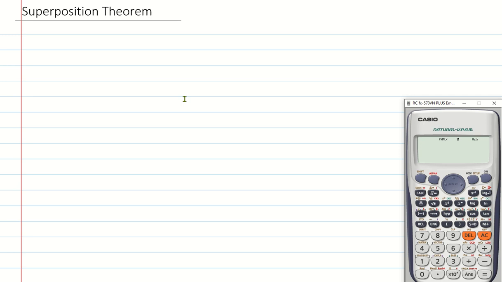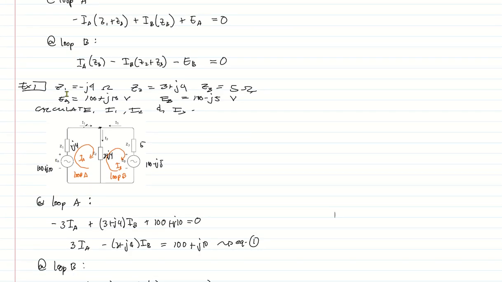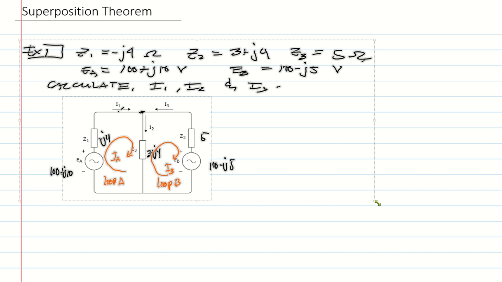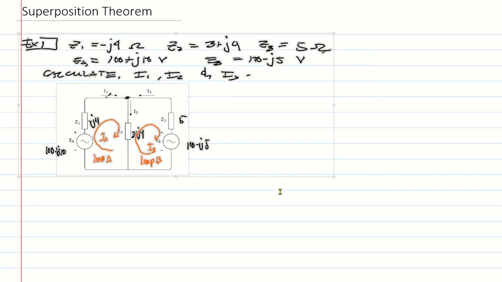To illustrate this, let us again use our example from the previous discussion in mesh analysis. We can use this one so that we know the answer. We already know the answer, and we can use superposition to calculate it again. But this time, we don't use superposition to solve for all the branch currents.